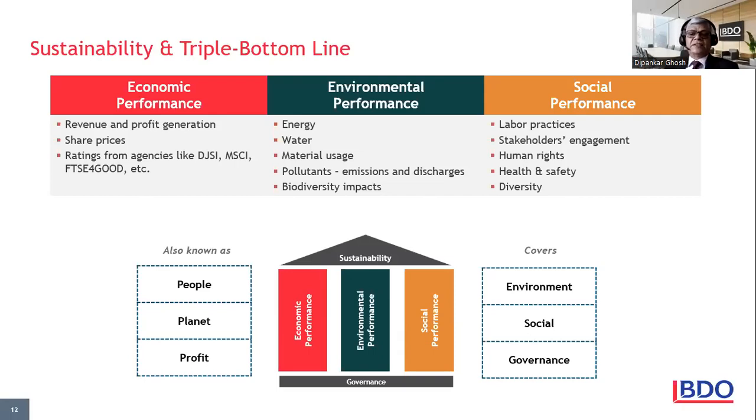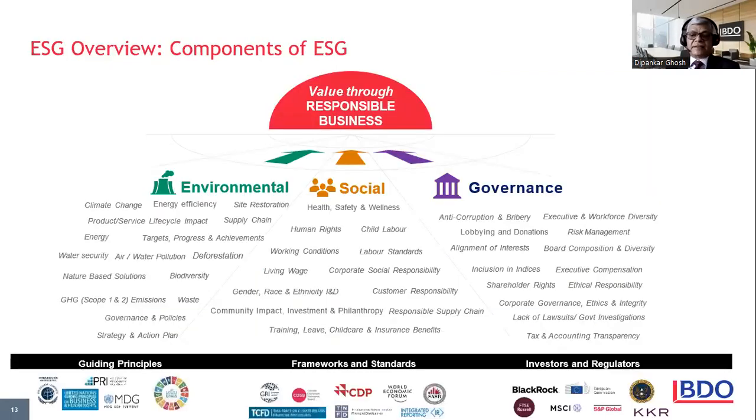And the elements of that we see in the next slide, the components of environmental, the components of social, and the components of governance. You can read; I am not going to read out each and every one from this slide, but you can see the environmental components talk about energy efficiency, and climate change, which is one of the major concerns all over the world, causing so many irregular weather events.